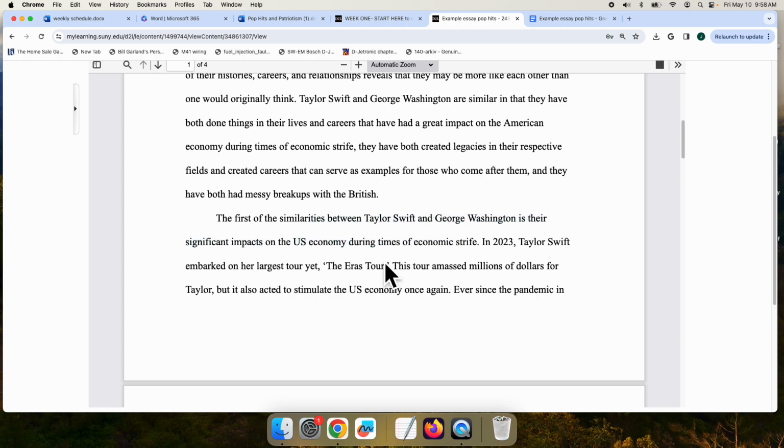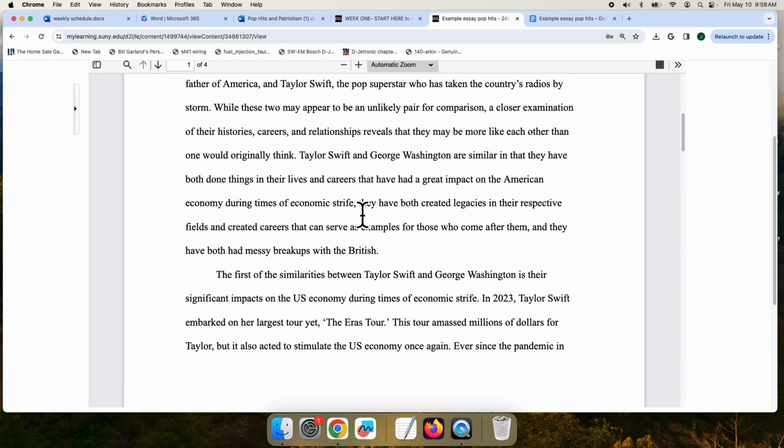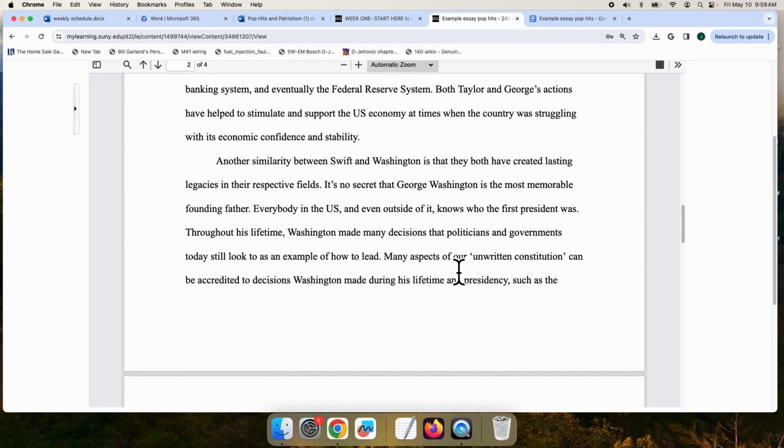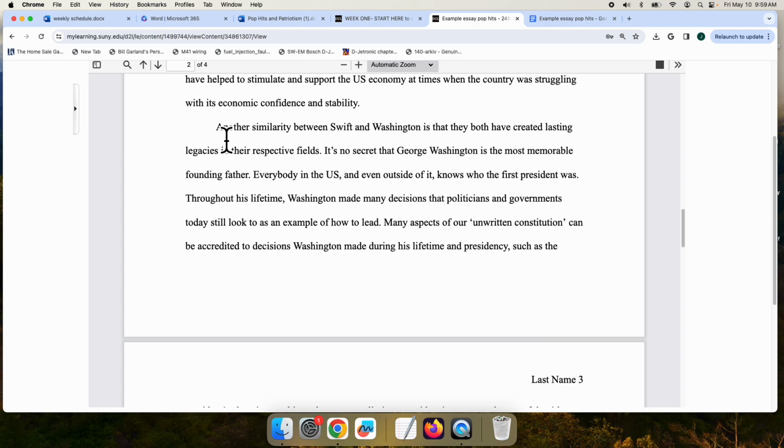Now we trust our thesis statement, and we look, the middle body paragraph will be about their legacies and careers. So we scroll down, let's check our topic sentence. Another similarity between Swift and Washington is that they've both created long-lasting legacies in their respective fields. And again, if we read this paragraph, it will be all about how their legacies are somewhat similar.